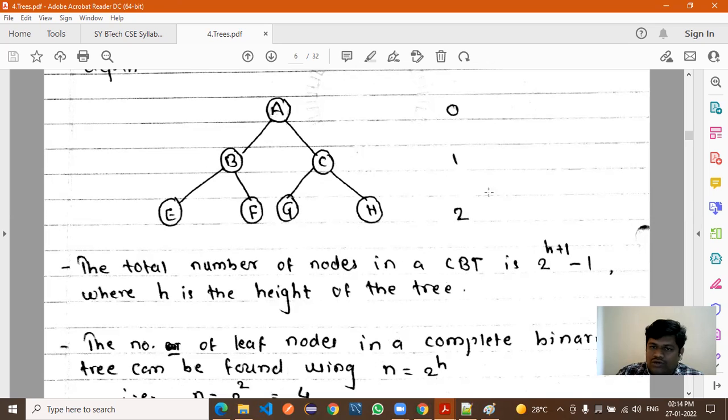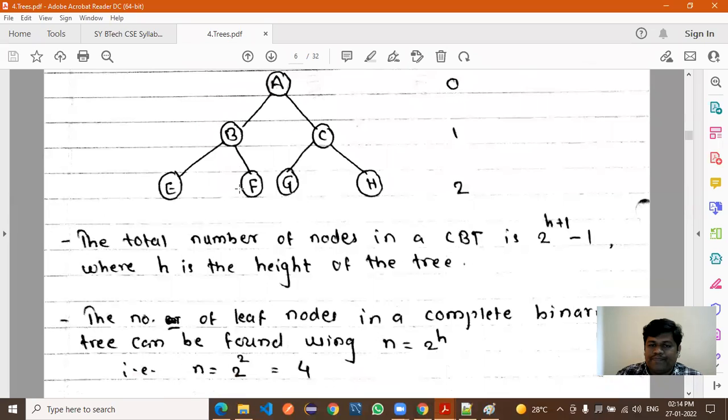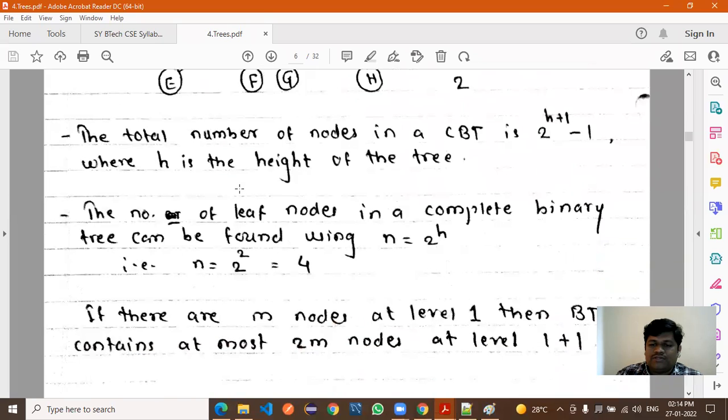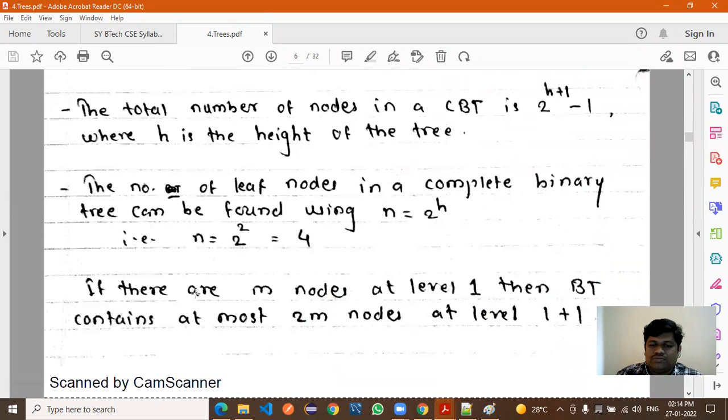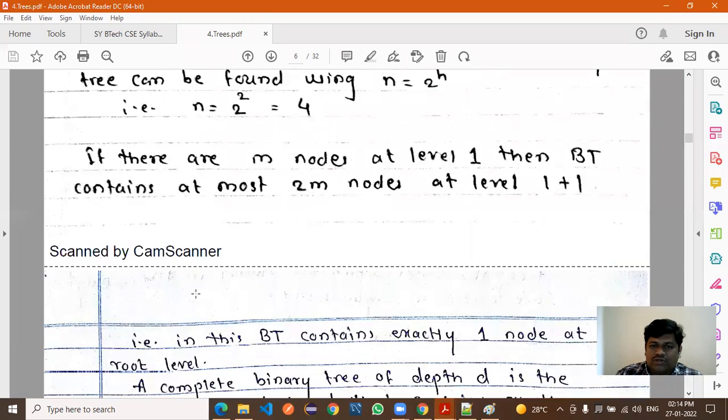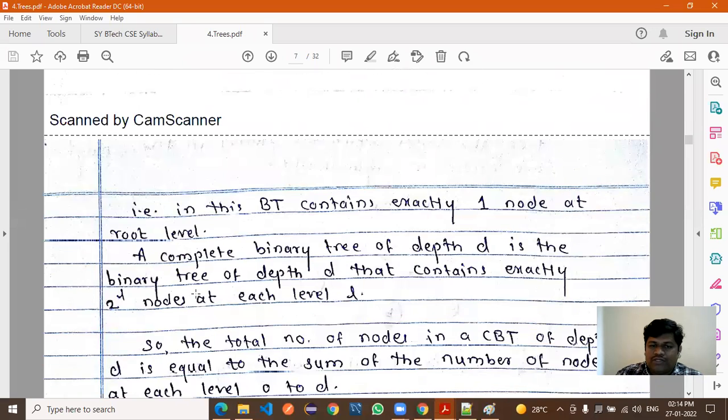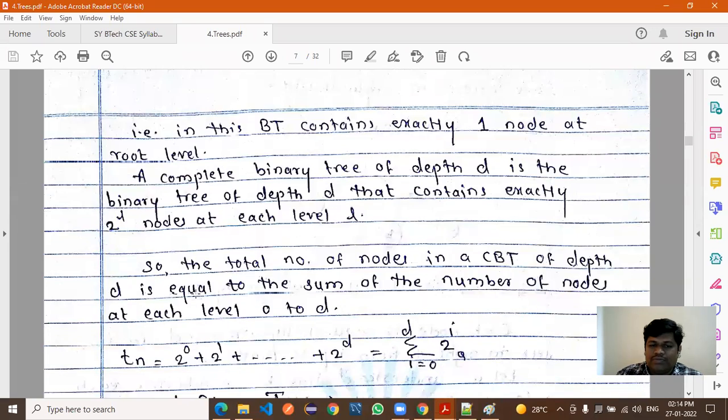So 1, 2, right? So 2 raised to 2 plus 1, so 2 raised to 3. So what is the value? 4 into 2, 8. 8 minus 1 means 7. So 7 nodes are there. So in this way, we are calculating the values of the complete binary tree.